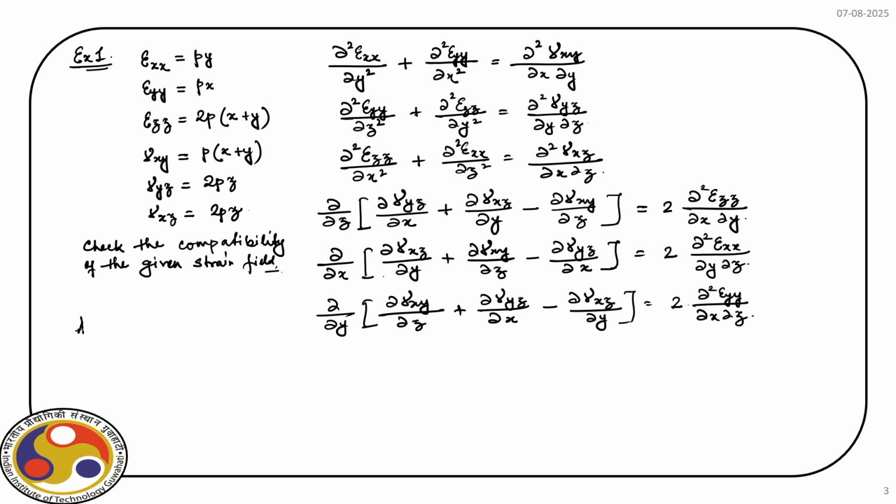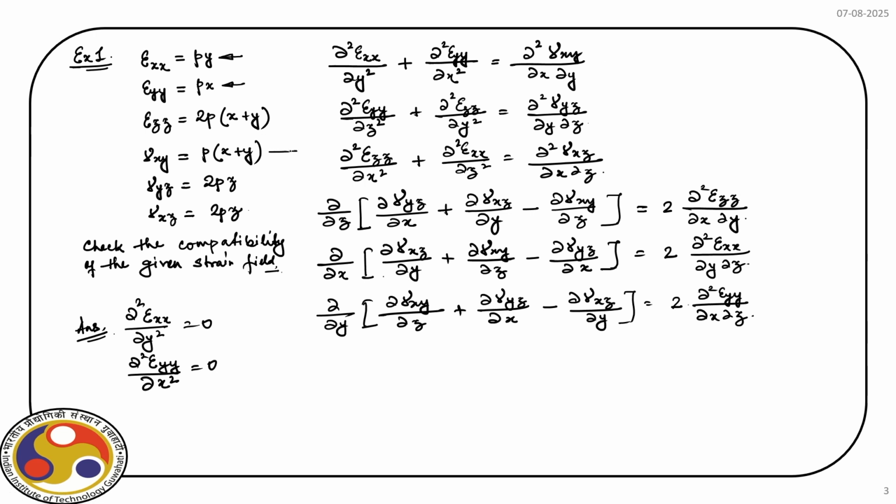So, let us start with first one. We have epsilon xx as p times y. So, if we differentiate twice with respect to y, this is 0. Similarly, we have epsilon yy, that if we differentiate twice with respect to x, it is also 0. We have to check gamma xy.